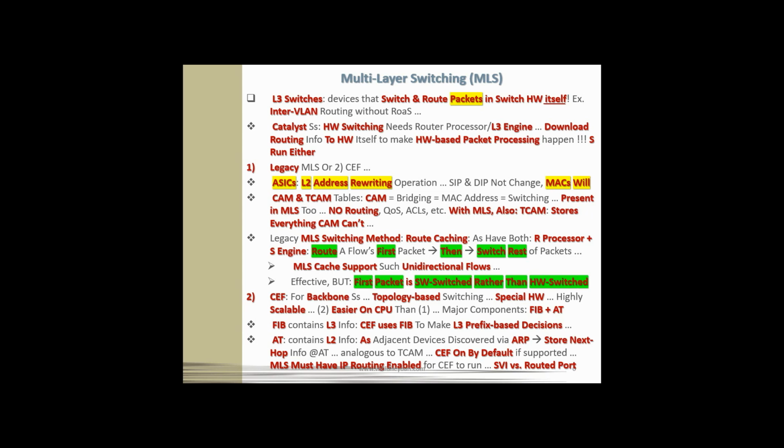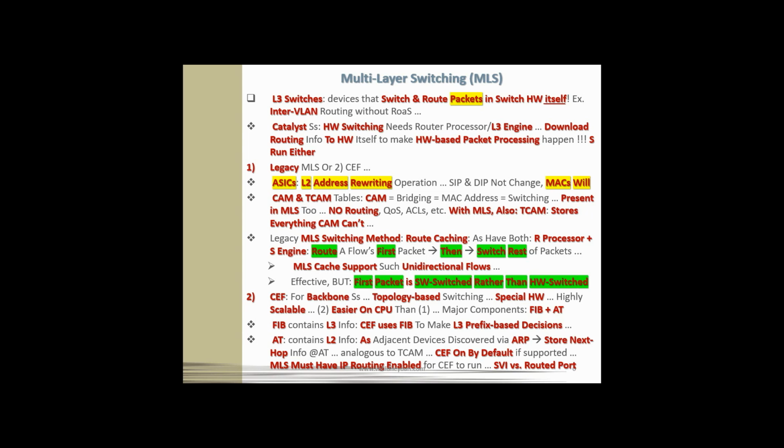As adjacent hosts are discovered via ARP, address resolution protocol, that next hop layer 2 information is kept in the AT or adjacency table. And this is used for the CEF switching method.